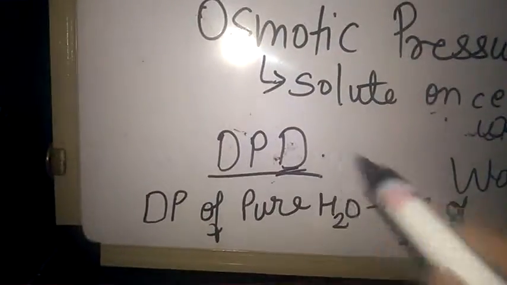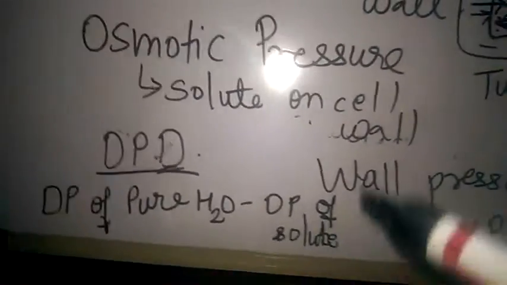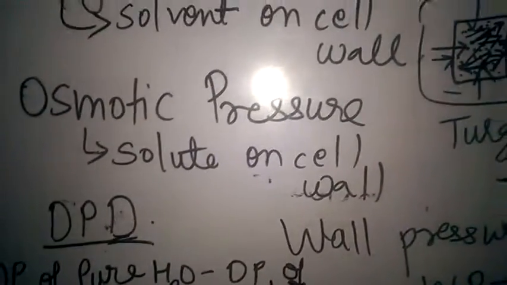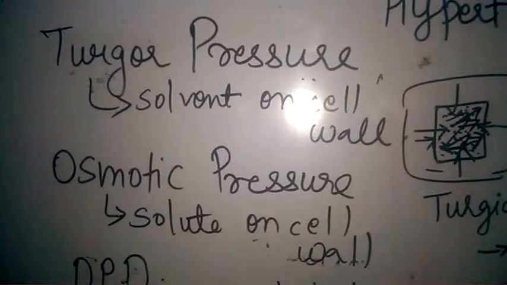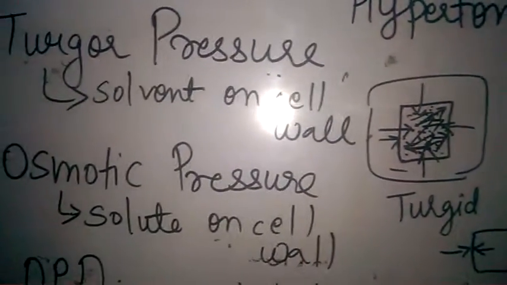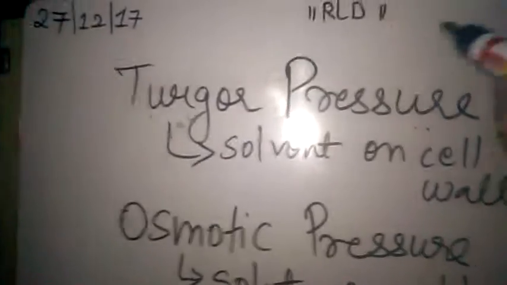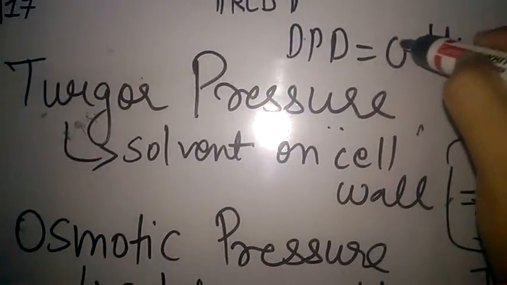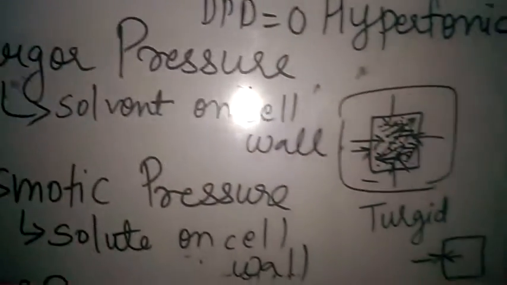So this is diffusion pressure deficit. Now in a fully turgid cell, the Turgor pressure and wall pressure are going to be equal. So the DPD value is going to be 0 in a fully turgid cell.